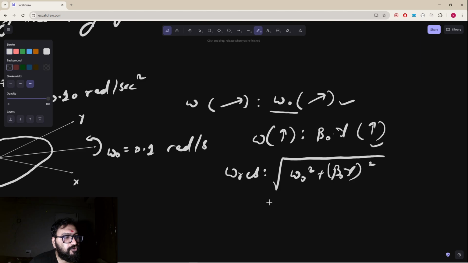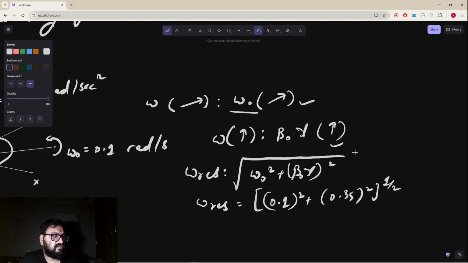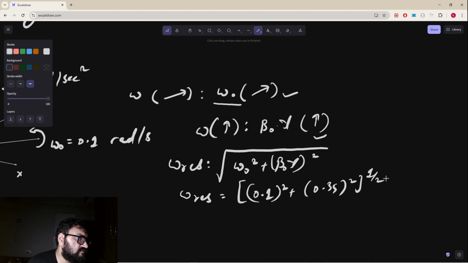If you put in the value of omega naught, beta naught and t as 3.5, you'll get omega resultant as 0.1 square plus 0.1 into 3.5, that is 0.35, whole square, to the power 1 by 2. If you calculate it a bit more, you will find the value of the resultant as 0.6 radian per second. So this is the first part of the problem.